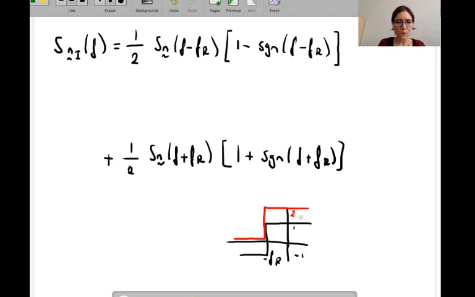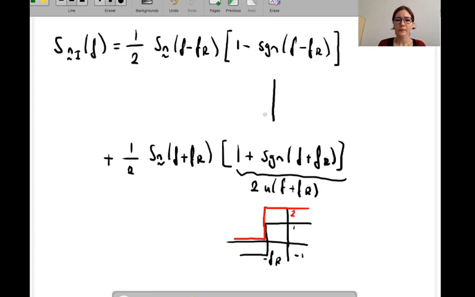But then we know what this function is. This is a unit step function with a factor of 2, but shifted to the left. So this is going to be 2 unit step f plus fr, right?